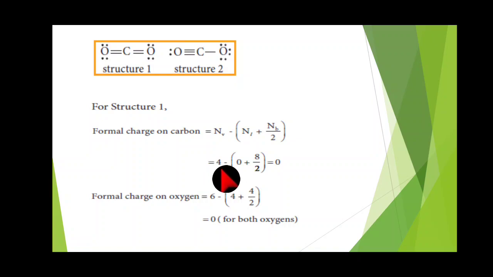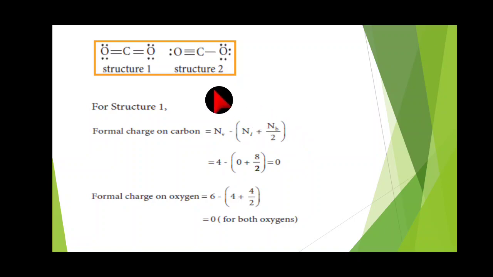So valence electrons 4. Then NL, the number of electrons present as lone pairs around the carbon. So nothing is there, no lone pair is there. Right? So 0. So NB means what? The number of electrons present in the bonds around the atom.